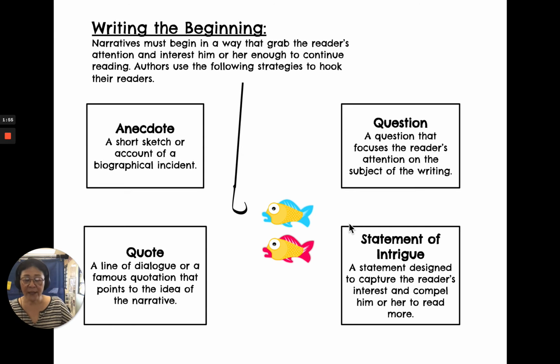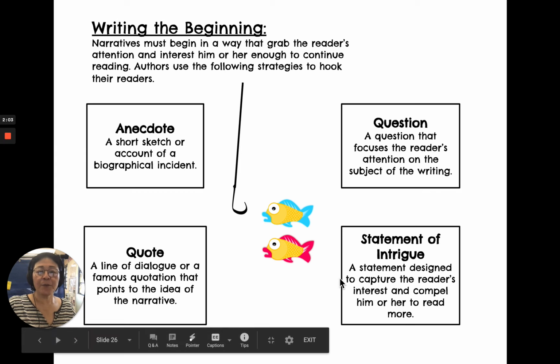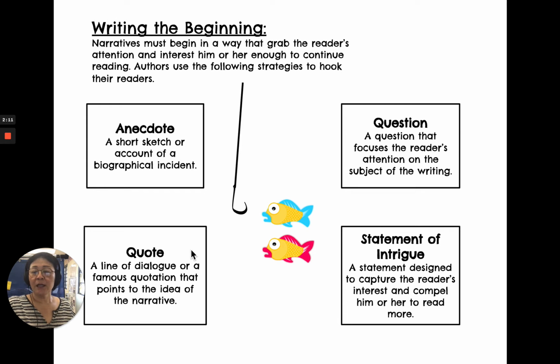A third way of starting a narrative would be a statement of intrigue. And this is a statement designed to capture the reader's interest and compel him or her to read more. And the last would be a quote, a line of dialogue or famous quotation that points to the idea of the narrative.